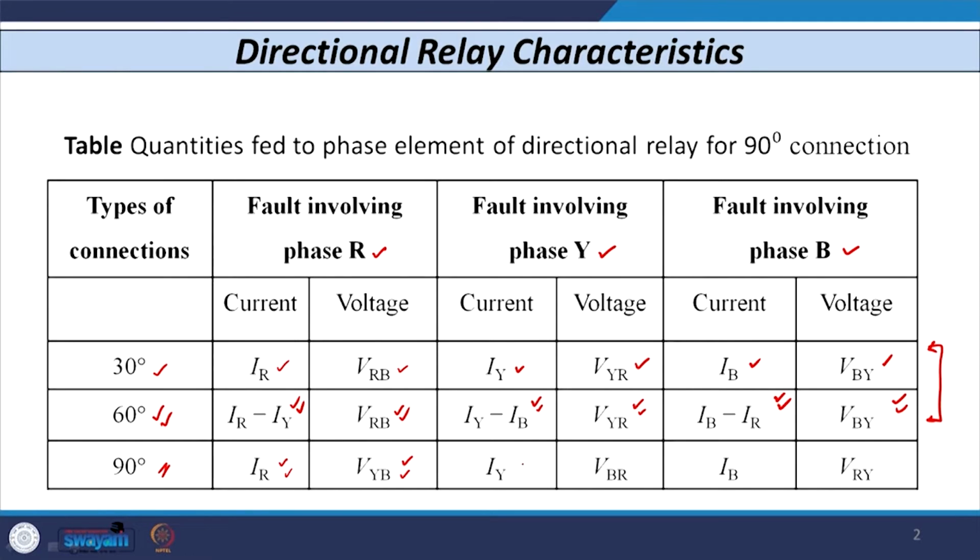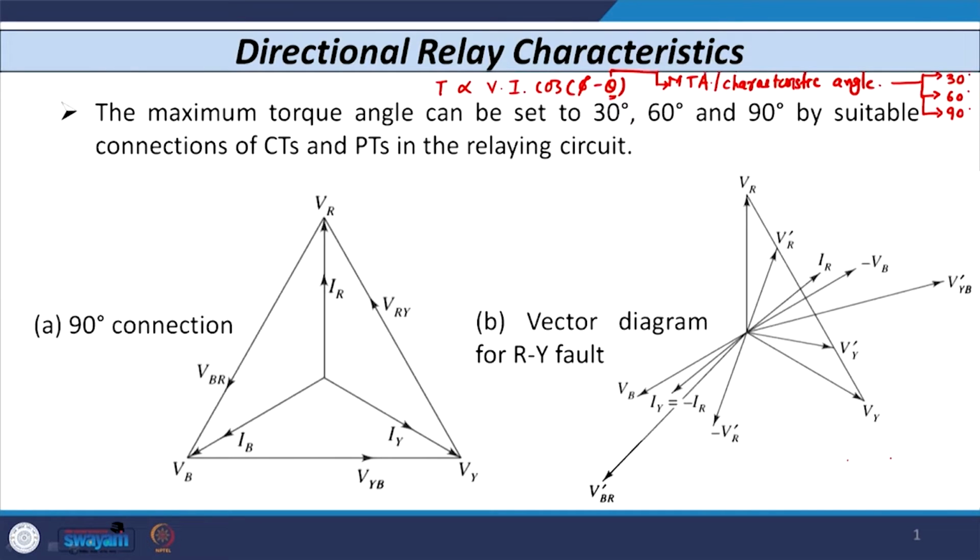So, we give Y and B phase voltage. Similarly, for Y phase we give IY current and the voltage other than Y phase, that is VBR, and for B phase we give IB current and the voltage other than B phase, that is VRY. With these values for each phase R, Y, B, let us consider a fault condition, say an RY fault, and see how the torque is produced by the directional relay.